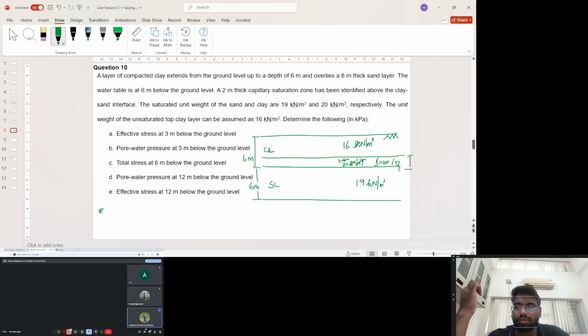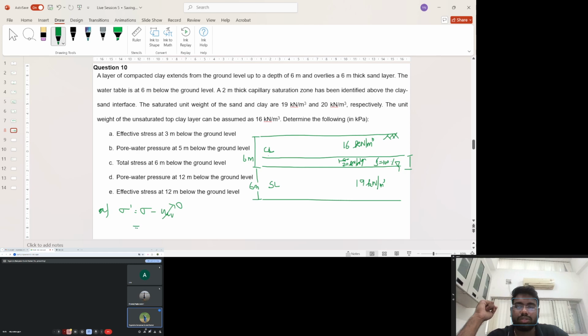The answer for A: total stress is equal to effective stress plus pore water pressure, or we can write it the other way. We need effective stress, so the effective stress is equal to total stress minus pore water pressure. Here pore water pressure is 0.